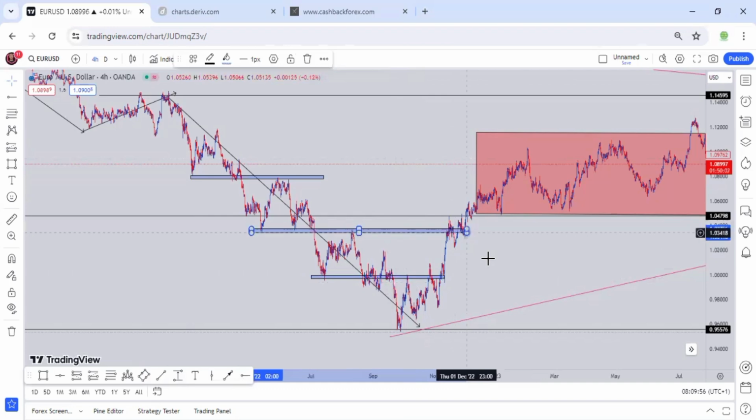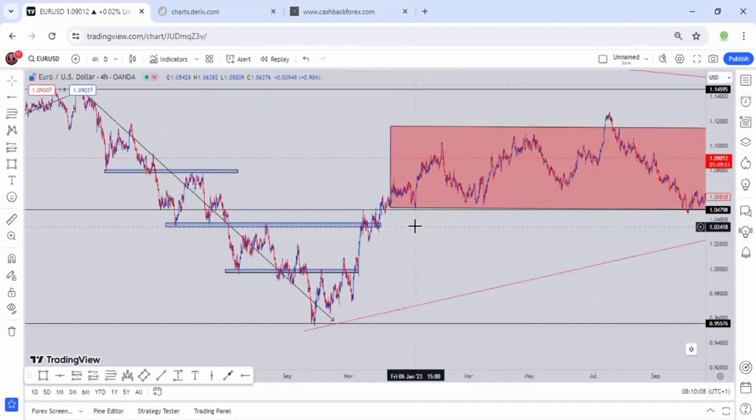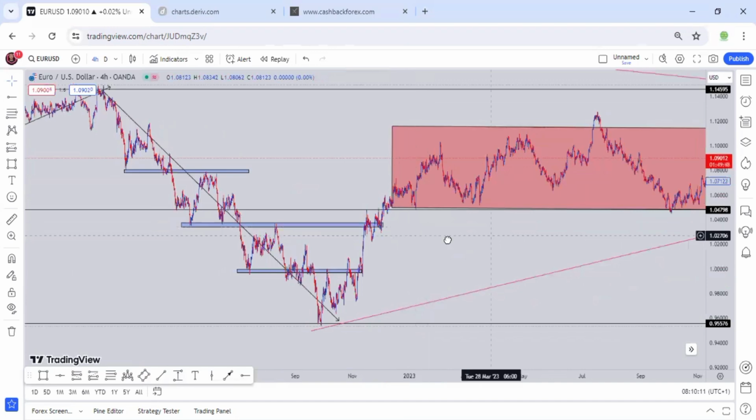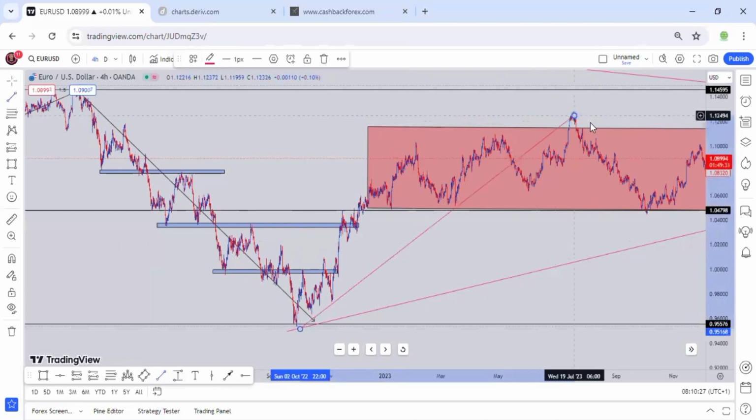The market came and breached this level. We tested that level and we started heading higher. So this is a medium-term trend from this level, until the market broke this level and entered into a range.